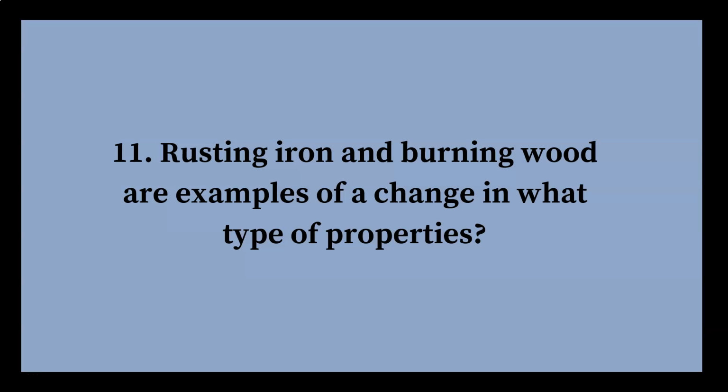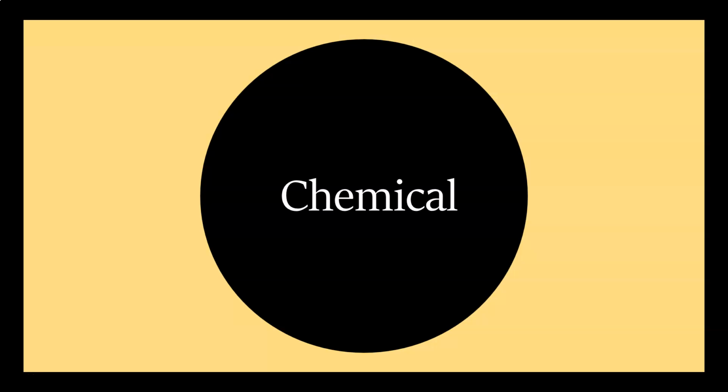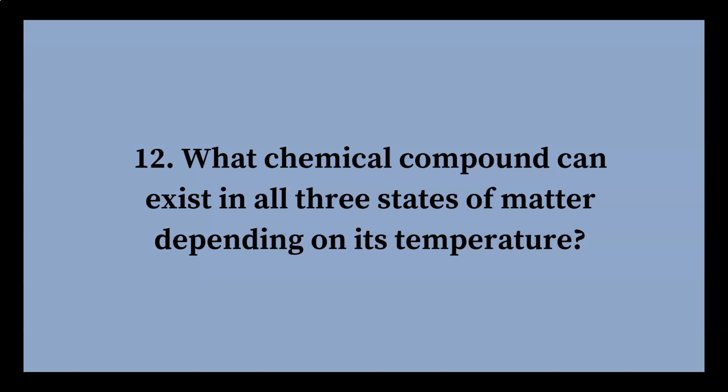Rusting iron and burning wood are examples of a change in what type of properties? What chemical compound can exist in all three states of matter depending on its temperature?